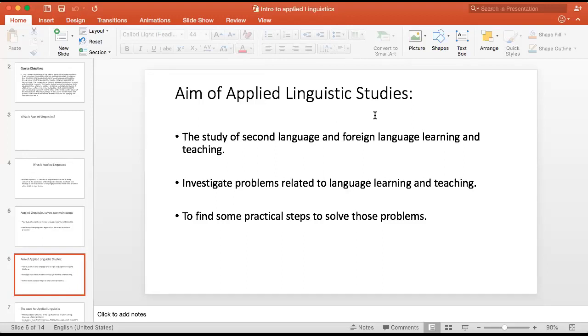In this particular case, it deals with sign language, which is a combination of lip reading and speaking. Applied linguistics also answers the question, should everyone learn a foreign language? And if it is a foreign language, which one would it be? And how to teach and learn that language.